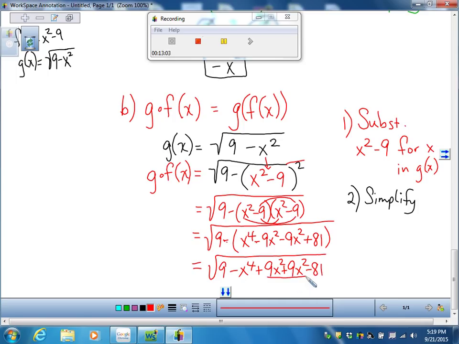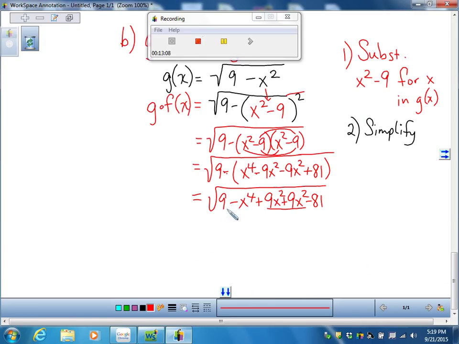These two are like terms, and 9 minus 81 is also going to be a like term. So we end up with negative x to the 4th. 9 and 9 makes 18x squared, and then 9 take away 81 is a negative 72.